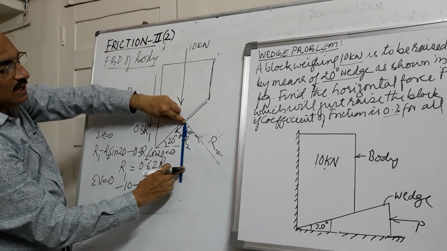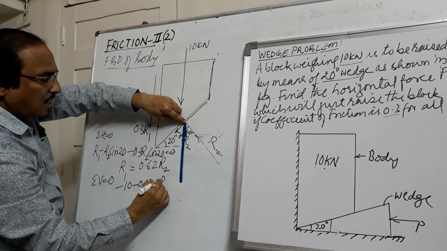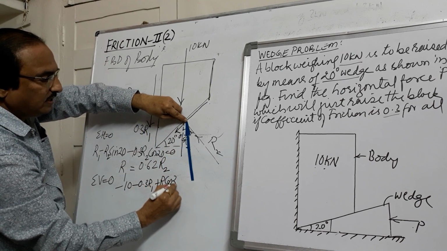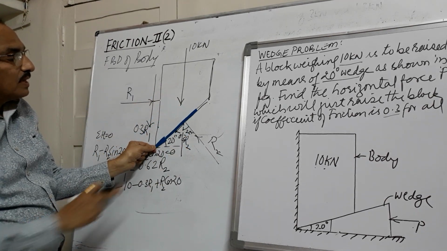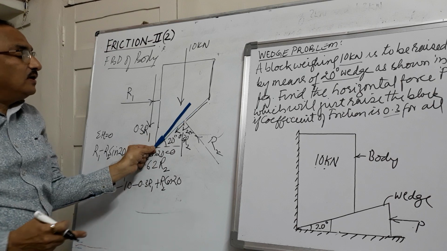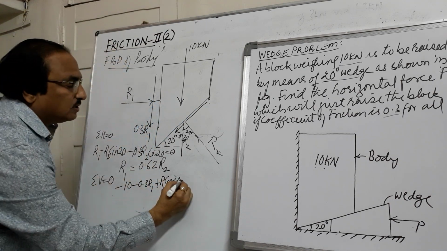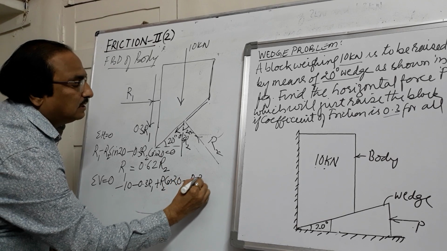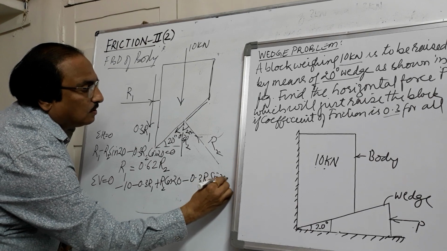If I resolve it vertically, it is along the angle and upwards. So it will be plus R2 cos 20. There is one more force here, force of friction. It is making an angle of 20. If I resolve it vertically, I am going away from the angle and the direction is downwards, so it will be minus 0.3 R2 sin 20 is equal to 0.